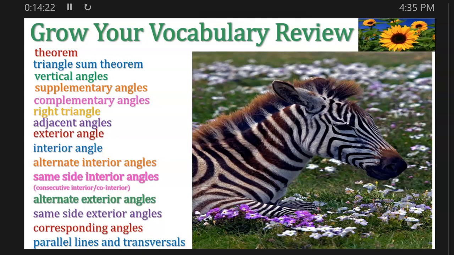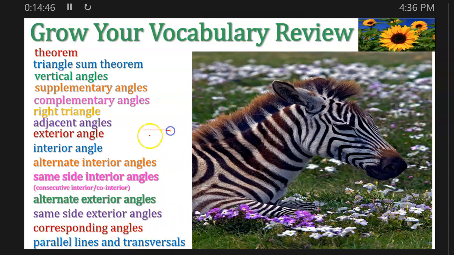And then exterior angles are angles that are outside of a triangle or parallel lines. And inside the triangle or parallel lines, or any shape really, are the interior angles. So exterior is outside, interior is inside. And again, these last five angle relationships are often caused by parallel lines and transversal relationships.